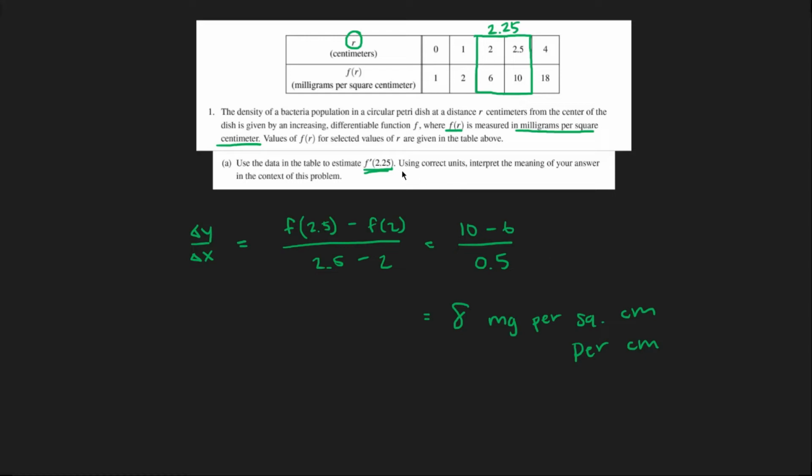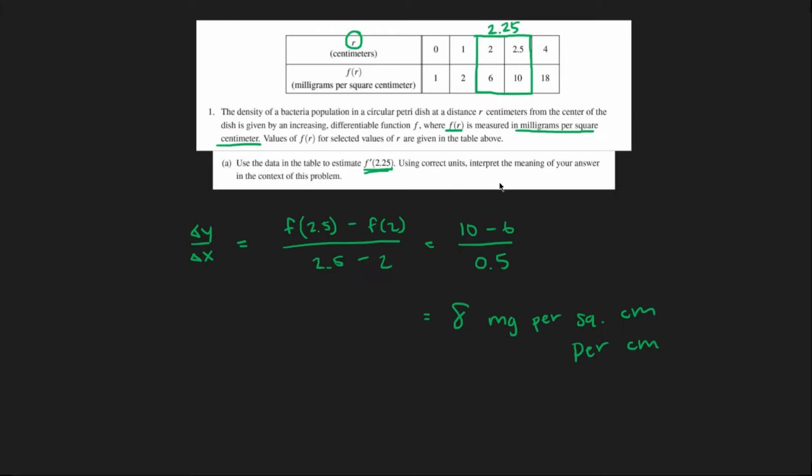So moving on to this next part, using correct units, interpret the meaning of your answer in the context of this problem. Like I said, the meaning of this is just going to be the rate, right? Our function is the bacteria population density in our circular Petri dish with respect to this r. So if we find the slope of this, what we get is going to be the rate at which that changes with respect to the distance.